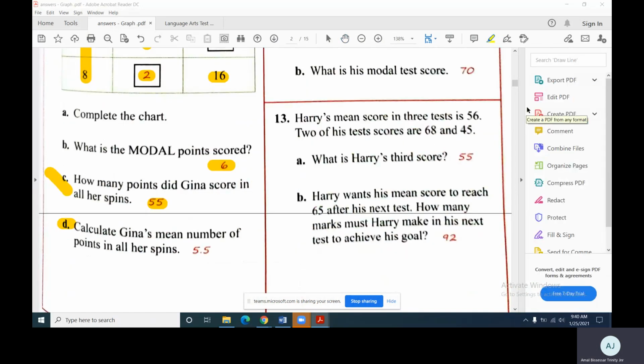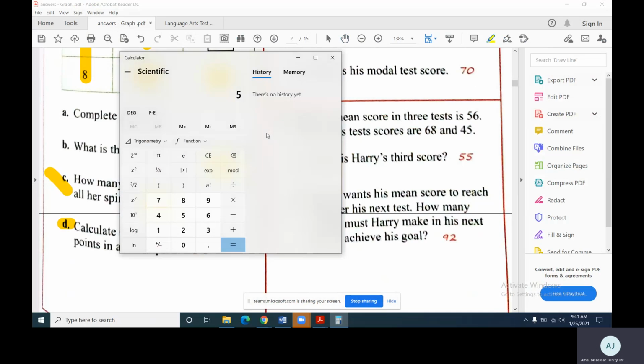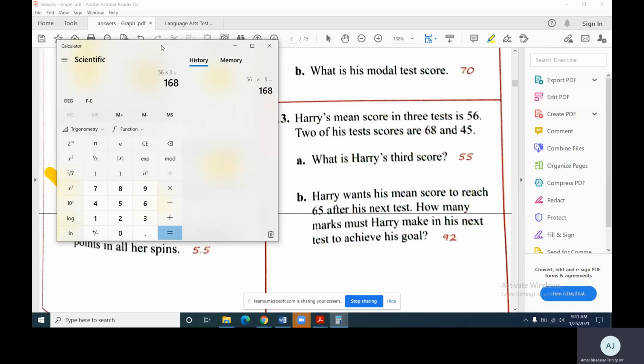To find out my total, I will multiply 56 by the 3, which is 168. So then I know that I'm supposed to get 168. I know 68 plus 45 gives me 153. So 68, 45, and whatever number should add up to 168. So 58, 68, and sorry, I did this wrong.